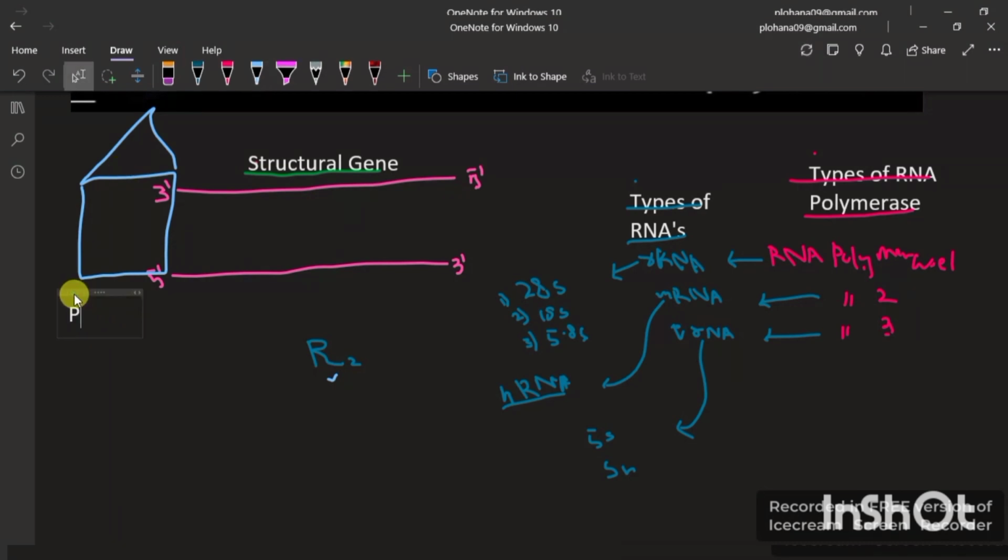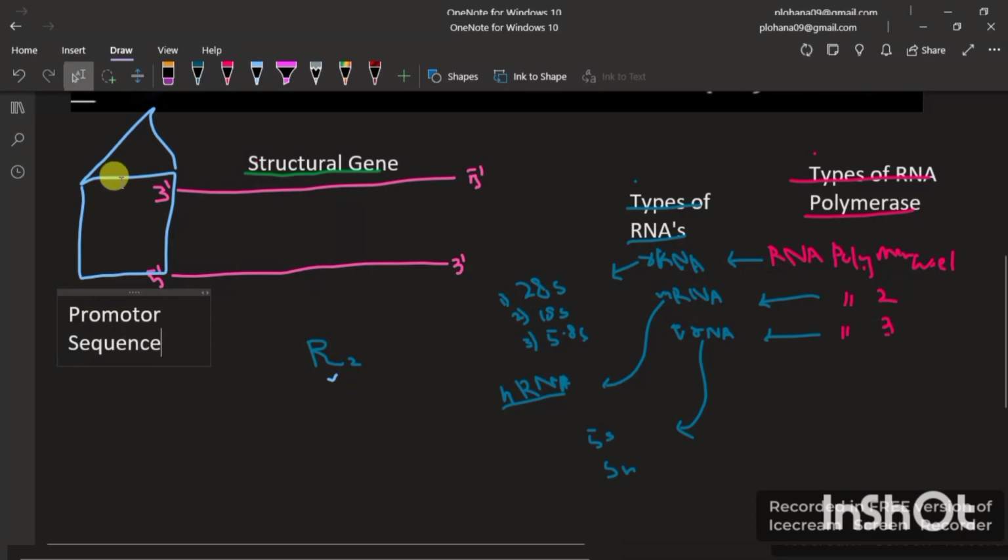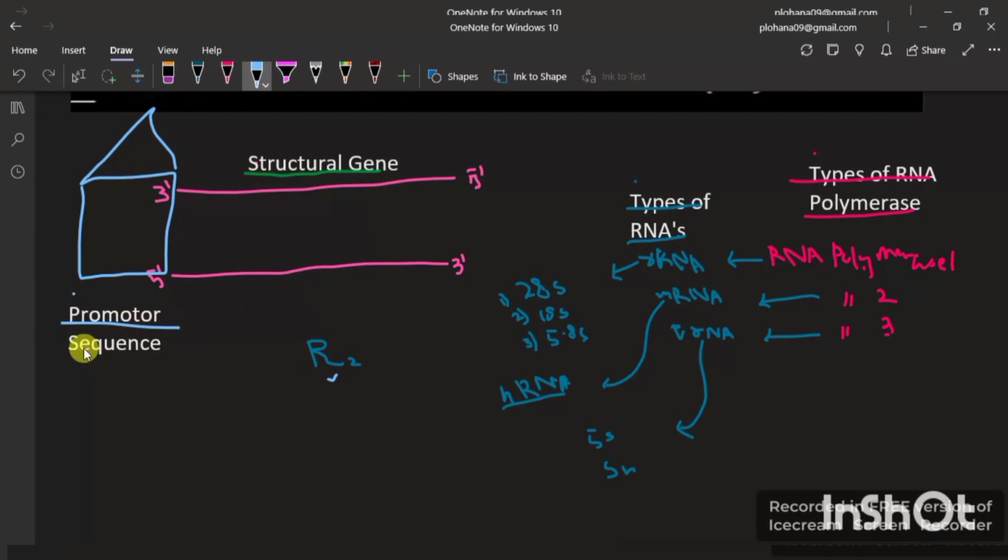This door is promoter sequence, in which we will be entering, not we, but the RNA polymerase will be entering. So for suppose RNA polymerase 2 is here now. Alright.